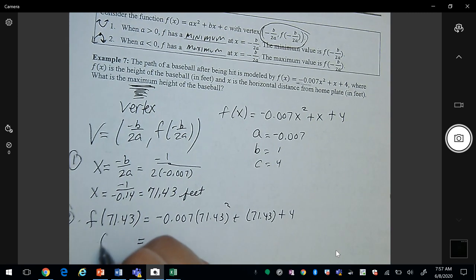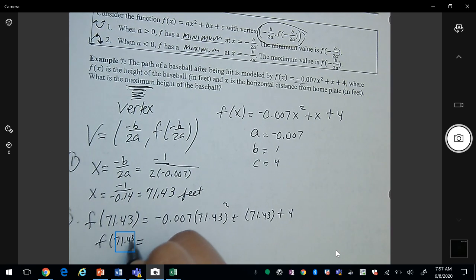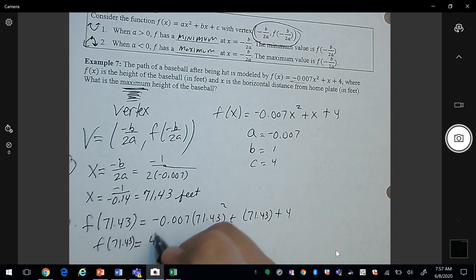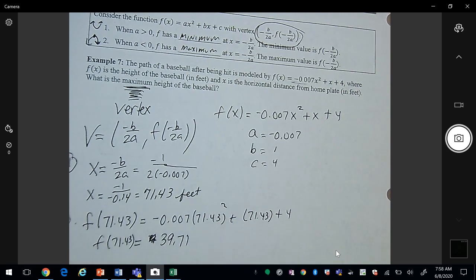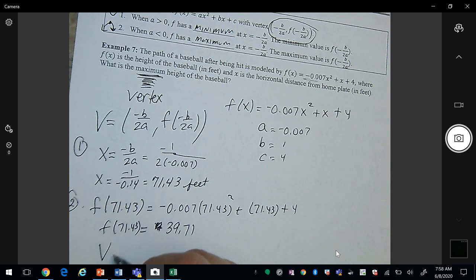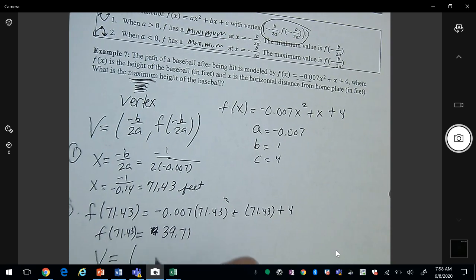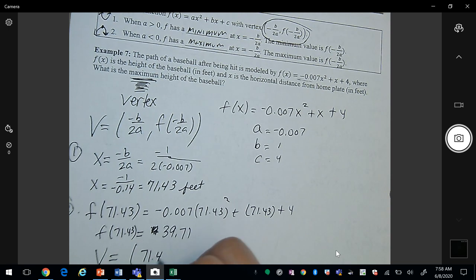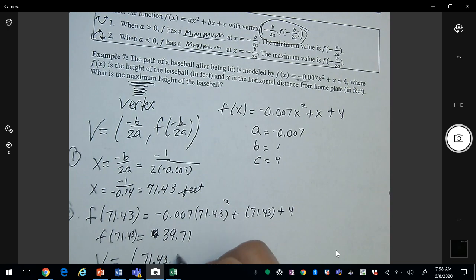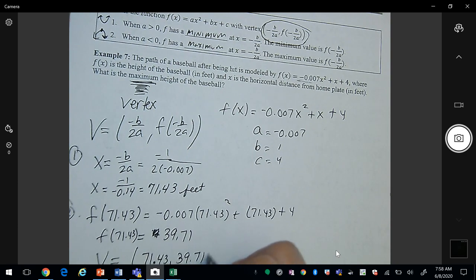Okay? If you plug this into the calculator, you should end up with 39.71. Okay? So your vertex is the x value, 71.43 feet, and the y value, 39.71.